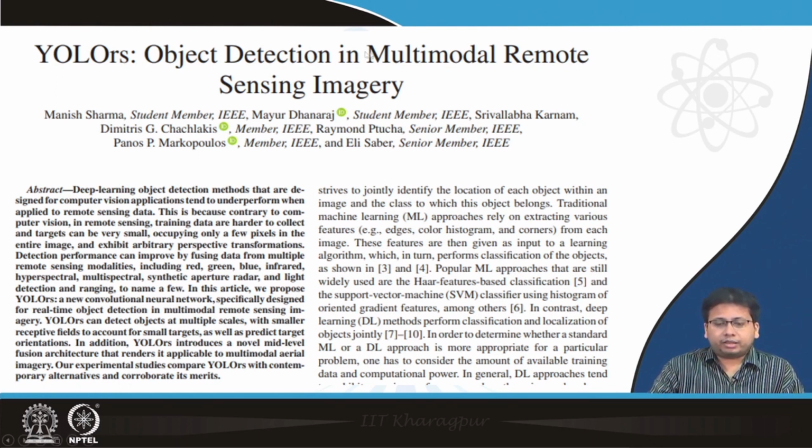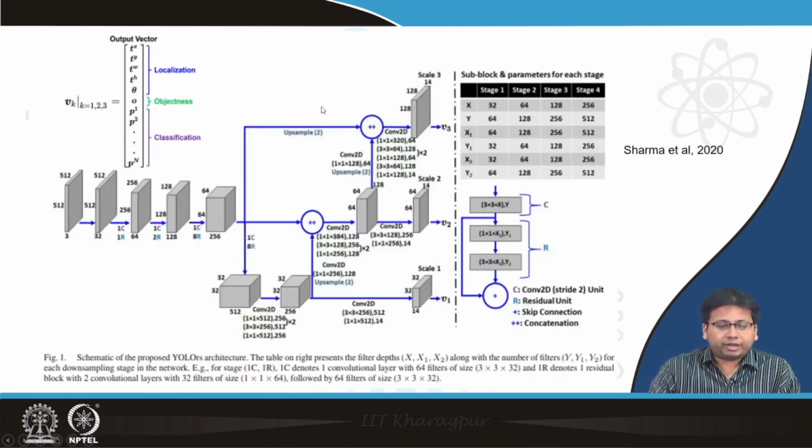So, the most important concept here is that of multimodal remote sensing imagery. That is, instead of depending on one source of image or one technology of remote sensing imagery, they are using multiple sources and then they are doing the detection of the objects at multiple scales.